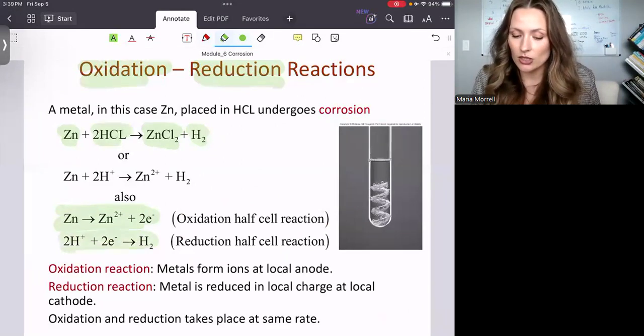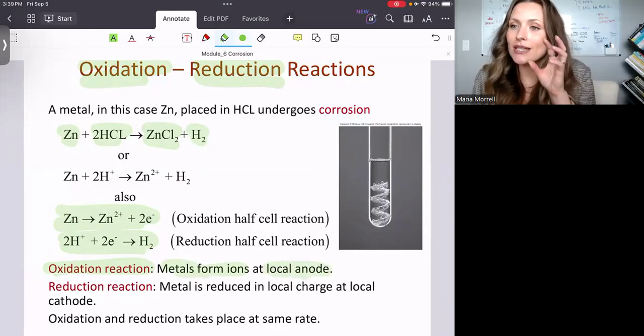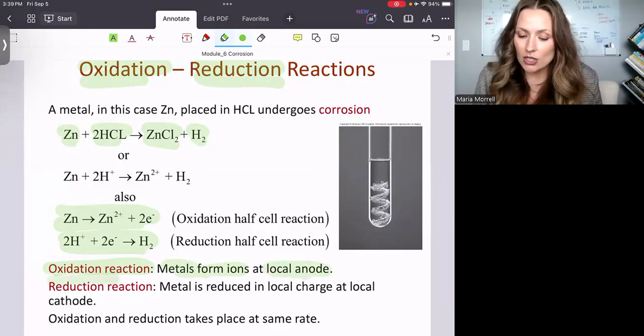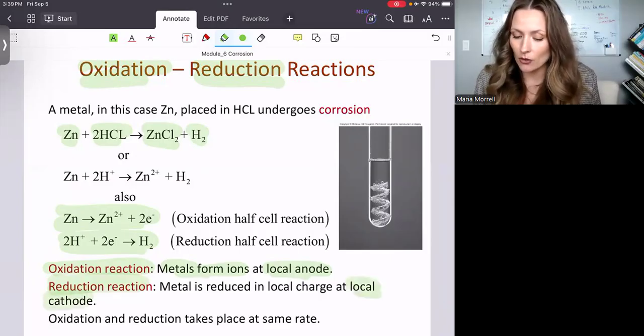This is going to be your reduction reaction. So once again, to summarize, in the oxidation reaction you have metal ions forming, and that happens at the local anode. Now the reduction reaction, where you have the reduction, will be happening at the cathode.